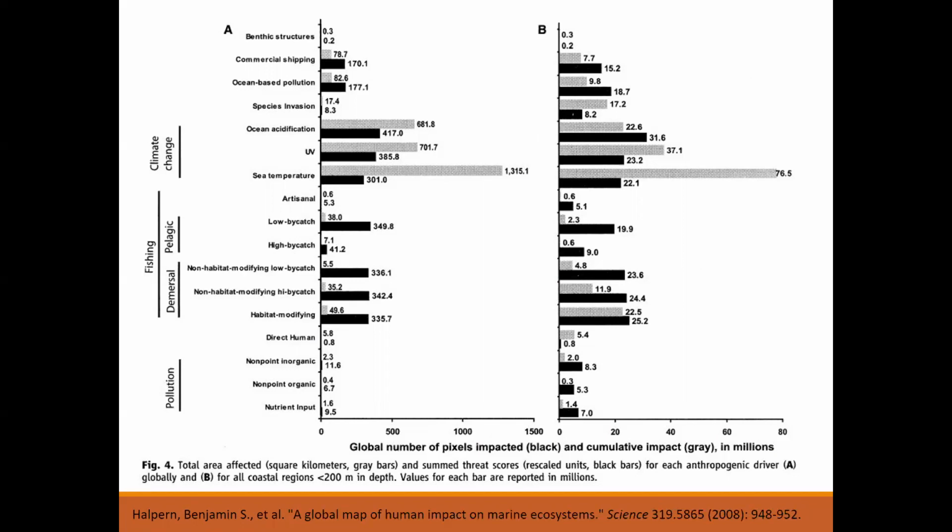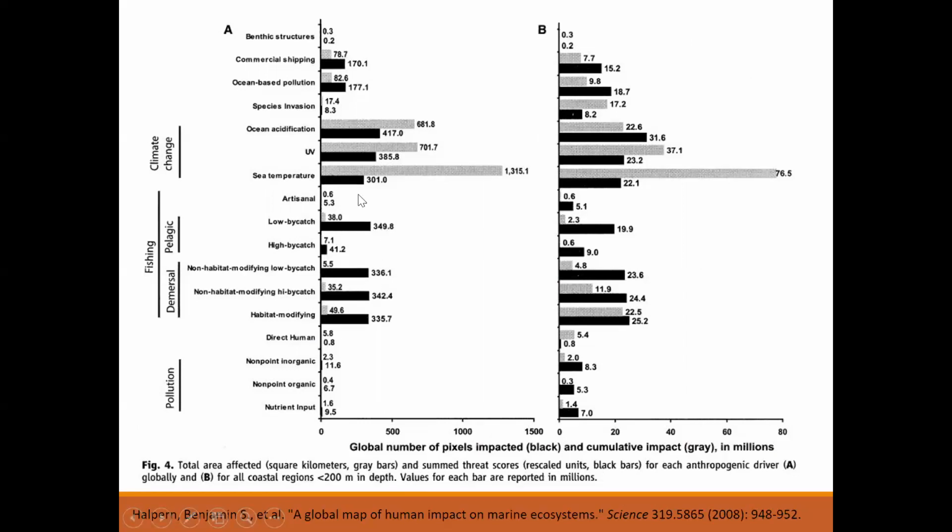What we're seeing here again are these summed threat scores. So if you look down here, total affected area and summed threat scores. The black bars are the threat scores and the gray bars are the total affected area for anthropogenic drivers, and then just for all coastal regions, right?